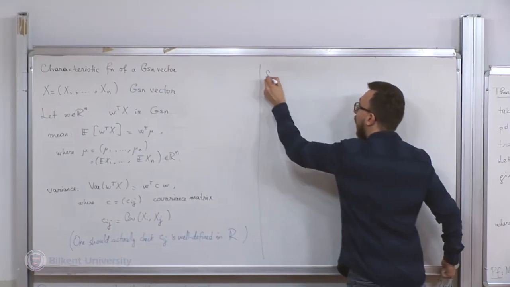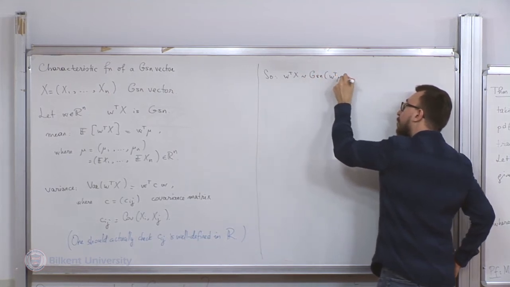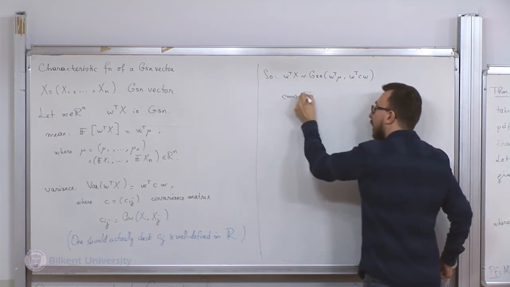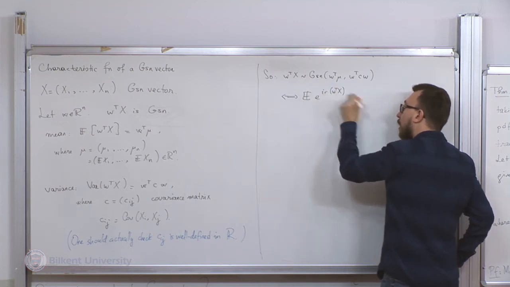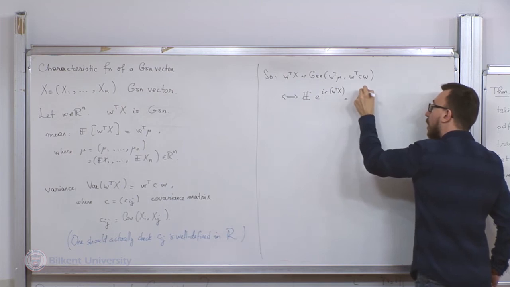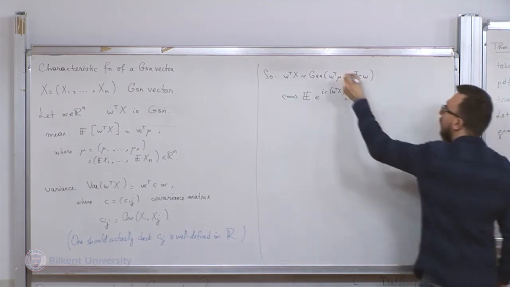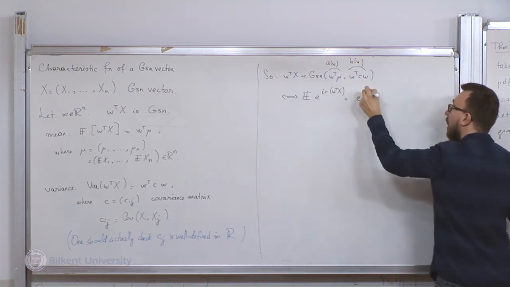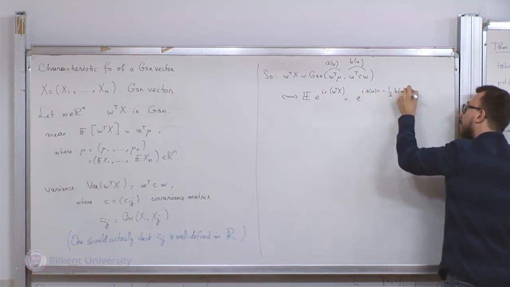W transpose X is Gaussian with mean W transpose mu and variance W transpose CW, which also means that its characteristic function is given by E to the power i a(W) r minus 1/2 b(W) r squared.